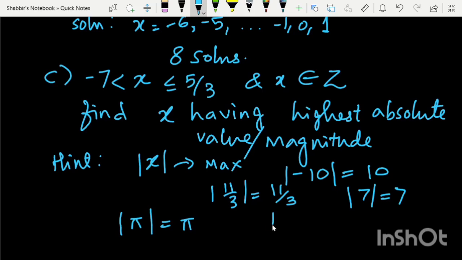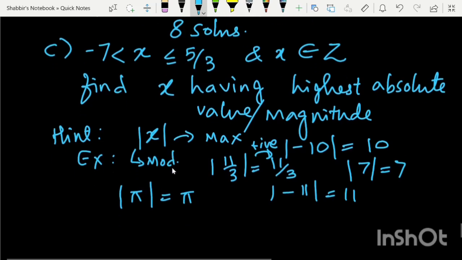Minus 11 becomes plus 11, so it converts negative to positive, and when it is positive, it gives the same answer. These two vertical bars, if a number is placed inside, give a positive number in return. This is what we call the modulus of x, or the modulus operator. So that way we have to find, guys.